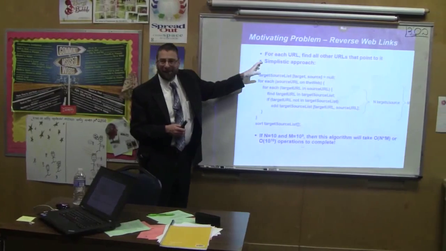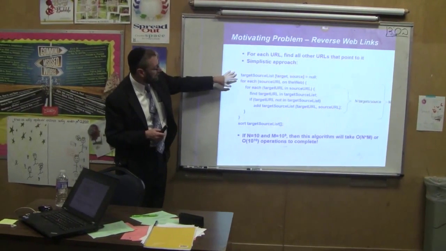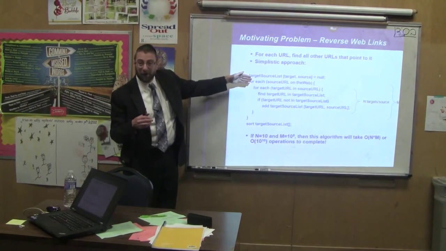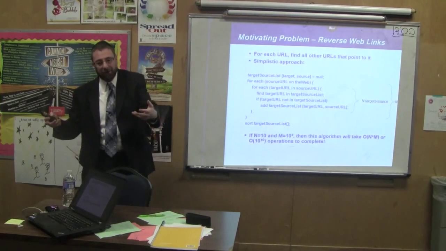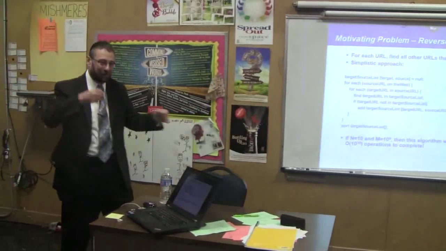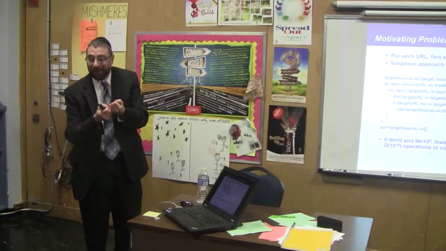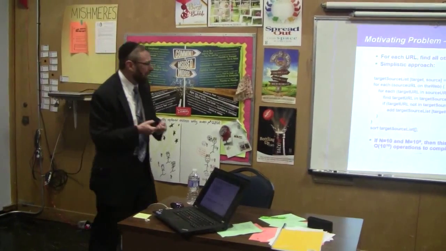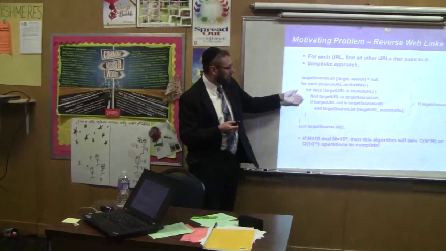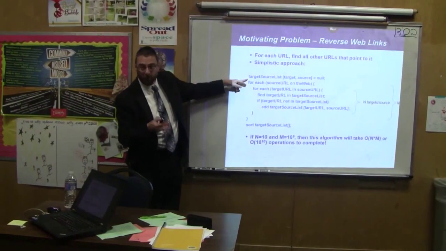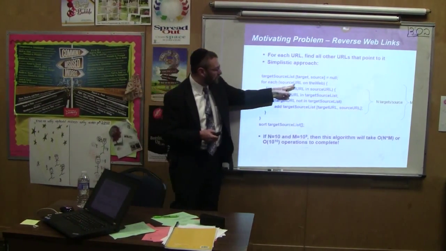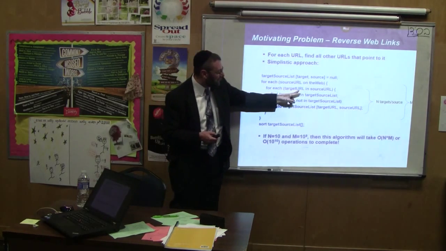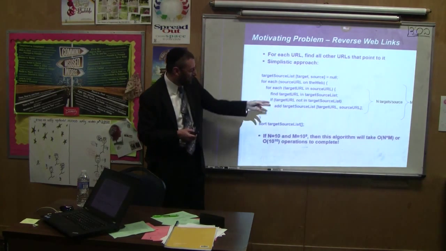So if I'm going to write a single program that's looking for all the pages I point to, and then take that whole list and turn it around and say, find all the pages that are being pointed to by other people and add them up, I could write a very simple program that has a double for loop: for each source URL on the web, and then for each target URL, find the target URL and source list.